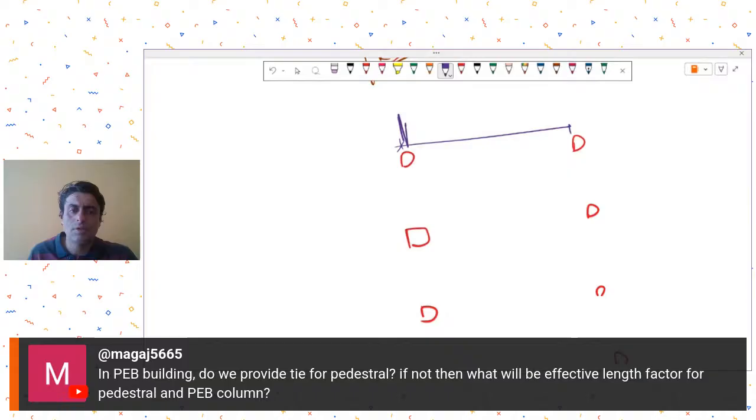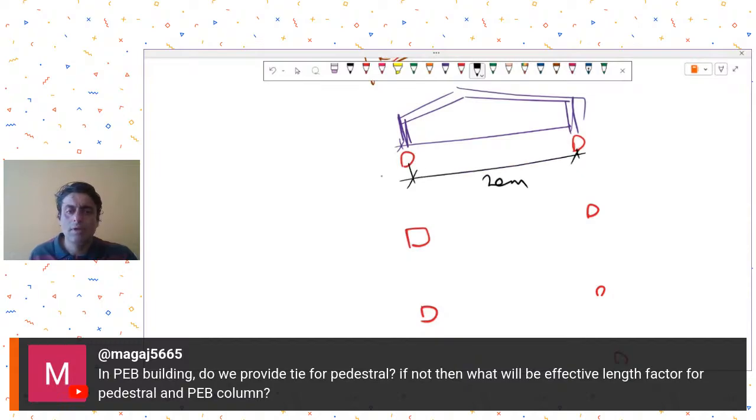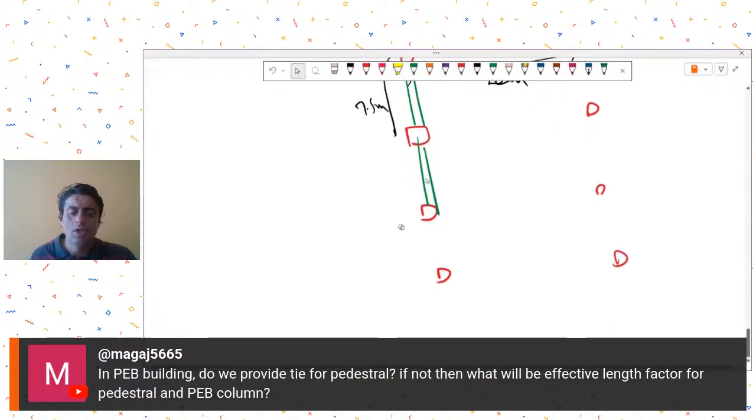Your structure will look something like this, with no internal column, let's say 20 meters, and these spacings are 7.5 meters. In this direction you will have tie beams, plinth beams or ground beams. So in one direction your column pedestal is getting a tie, and in the other direction you are not having any tie.